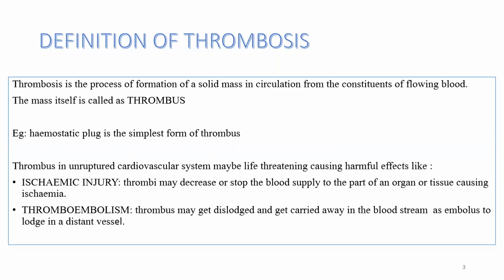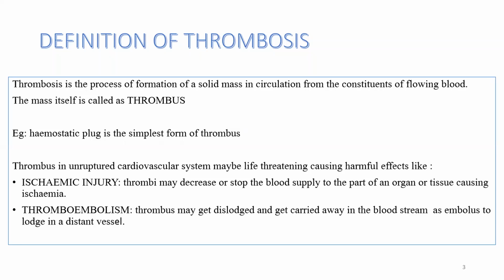Thrombus in the unruptured cardiovascular system, which is not damaged. In an unruptured cardiovascular system, if a thrombus is formed, it is usually life-threatening and has harmful effects. For example, an ischemic injury.